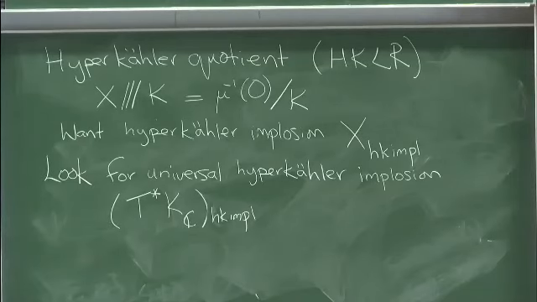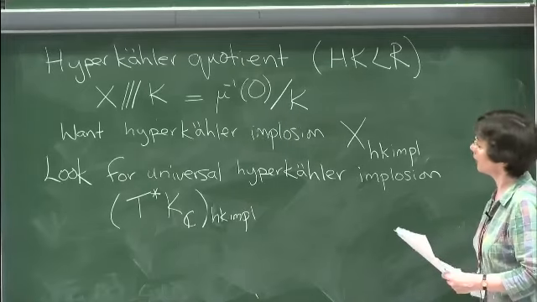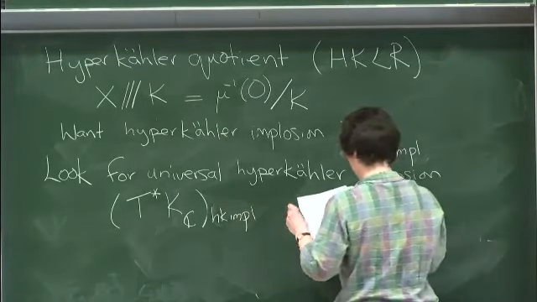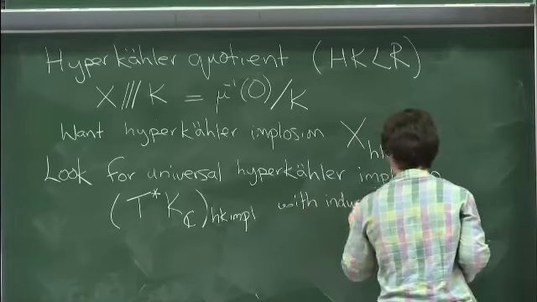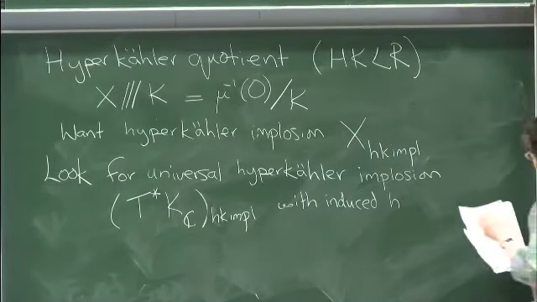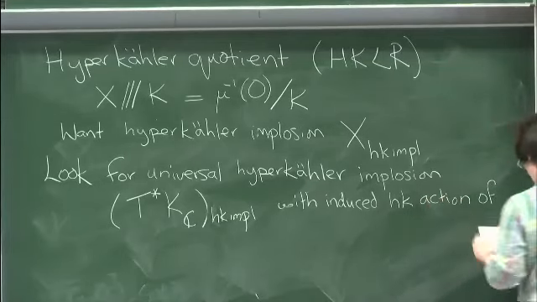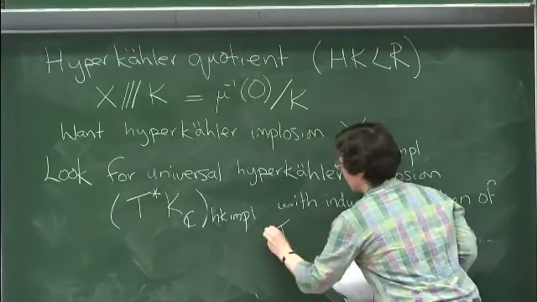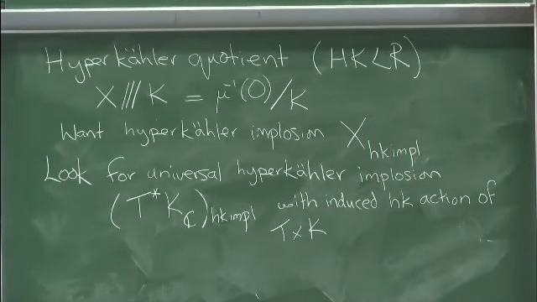So that's what we're looking for, and we want it to be stratified Hyperkahler, and we want it to have an induced Hyperkahler action of T cross K, just as we had in the symplectic case.